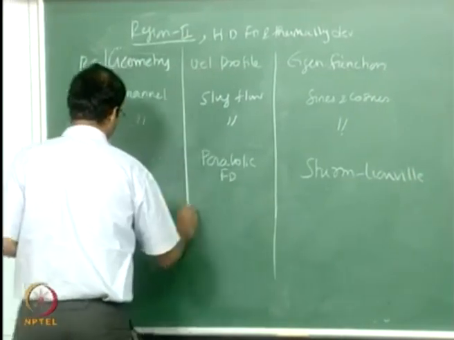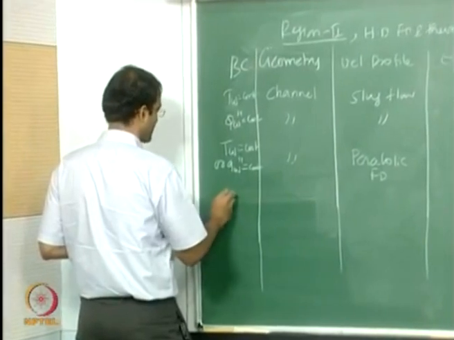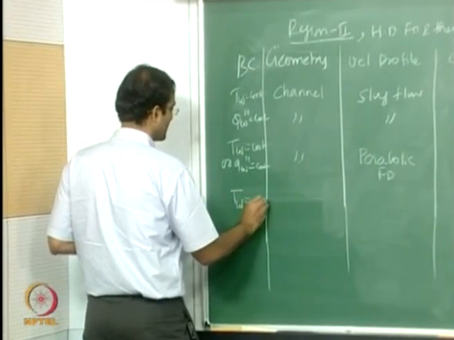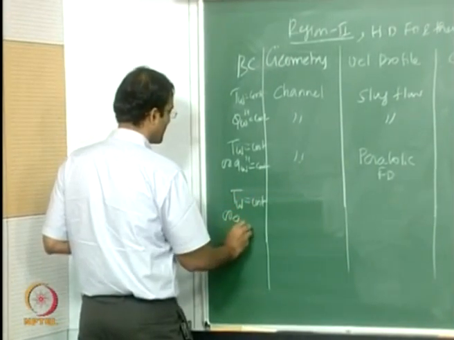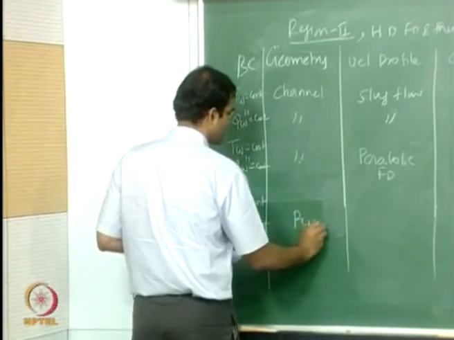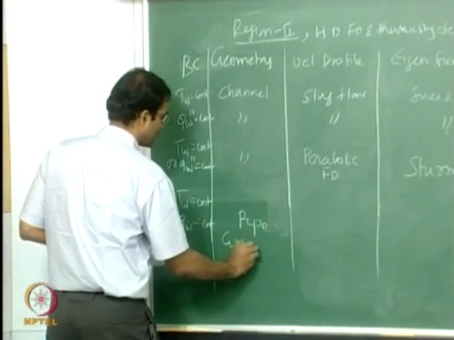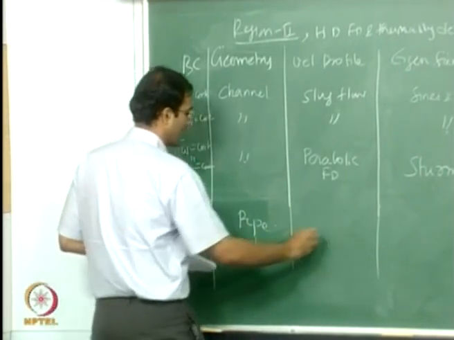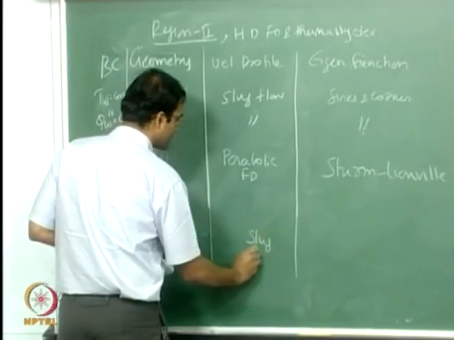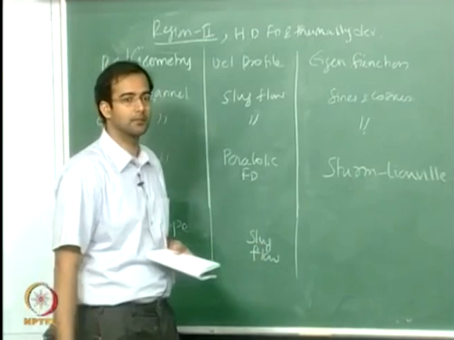Okay, and when it comes to T wall constant or Q wall constant, but for pipe flow with a circular cross section, if you have slug flow, what will be the eigenfunction? Bessel.